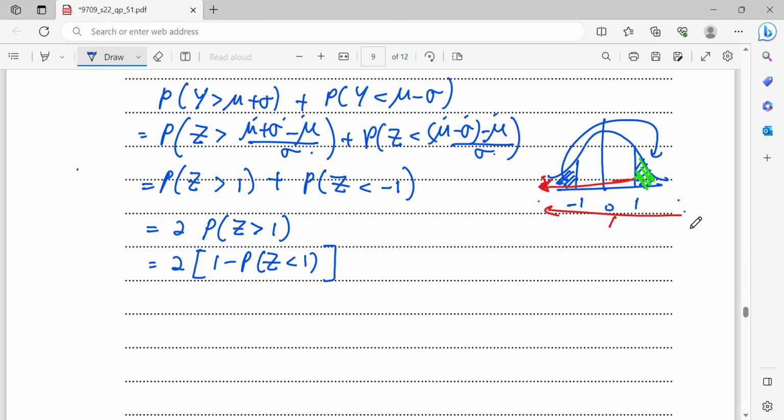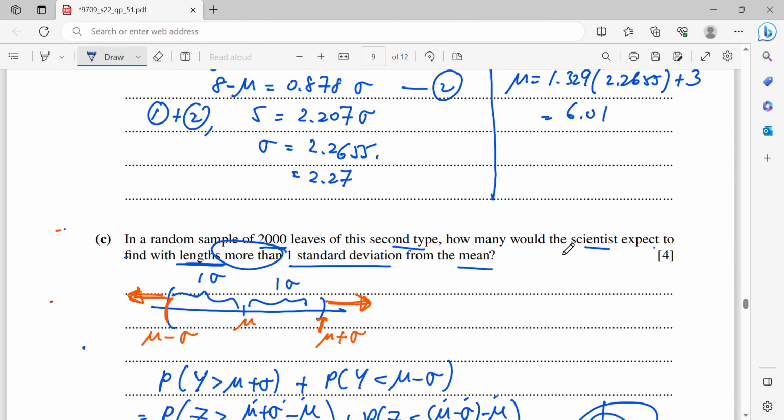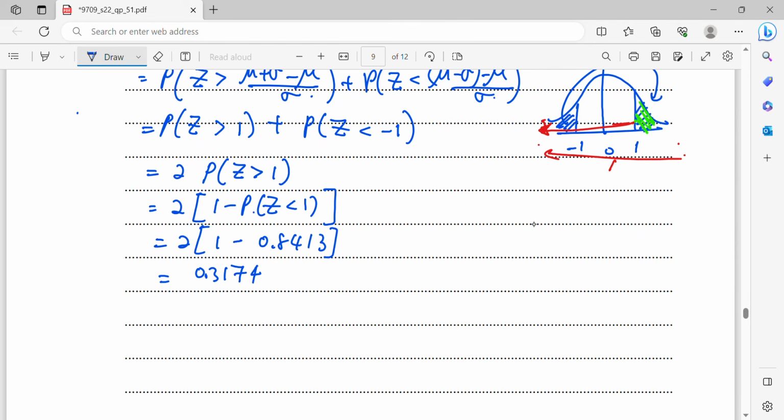And then you can read the answer from the table right now. What is P(z less than 1)? So you will get 0.8413. Therefore, you are getting 0.3174. This is the probability. But when you refer back to the question, you need to find how many leaves out of 2000. So it means that this 0.3174 is for one leaf.